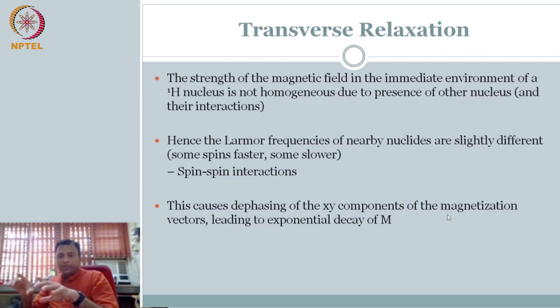When they become out of phase, signal coherence is lost, so the signal goes down. This reduction in signal due to spin-spin interaction, we call T2, transverse relaxation.